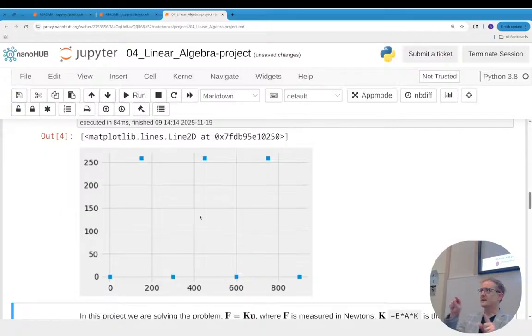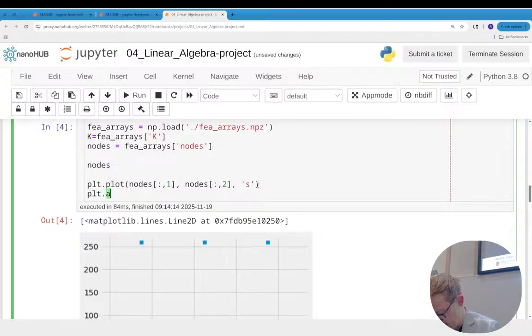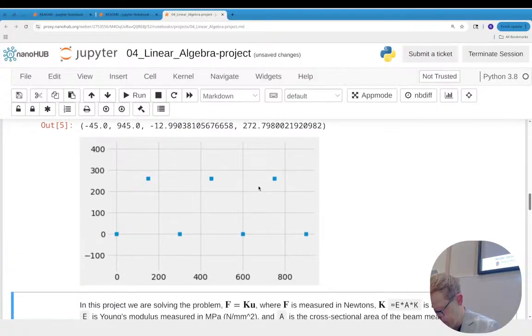We can see these are the locations before any loads, so it's describing geometry before you apply load. And then I like to say axis equal, so it actually looks like equilateral triangles.